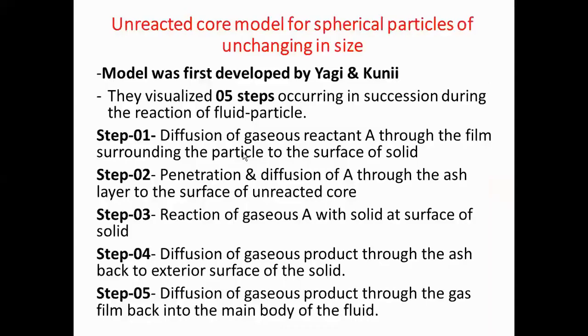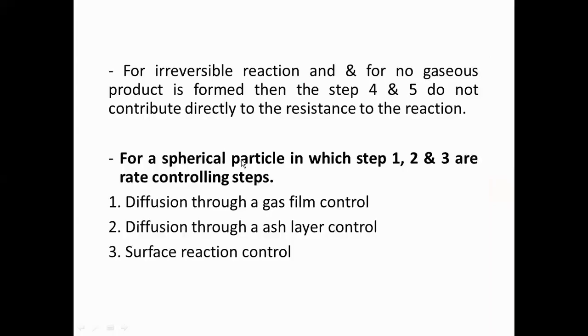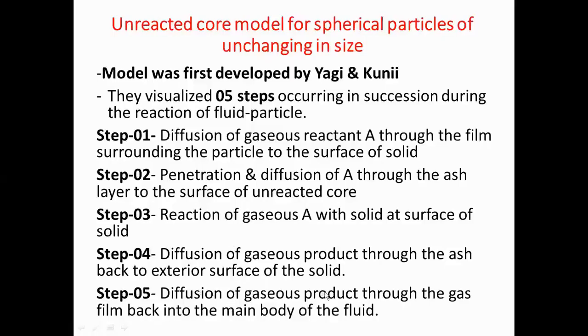The fourth step is the diffusion of gaseous product through the ash back to the exterior surface of the solid. Whatever product is formed, this gaseous product again diffuses through the ash layer to the exterior surface of the solid. And the fifth step is the diffusion of gaseous product through the gas film back into the main body of the fluid.